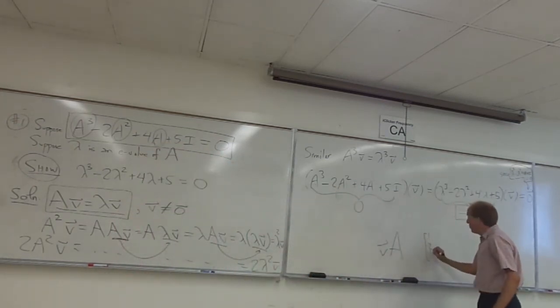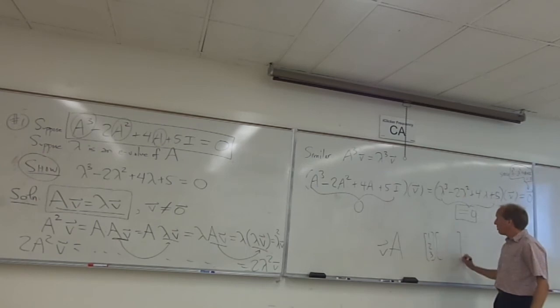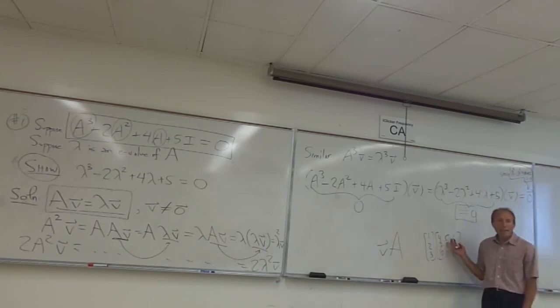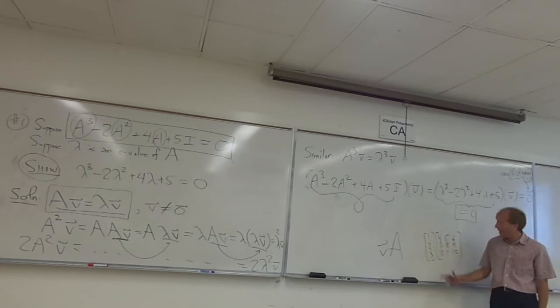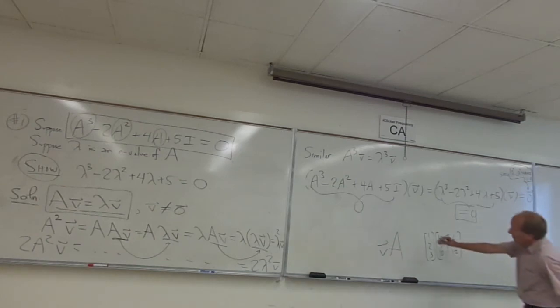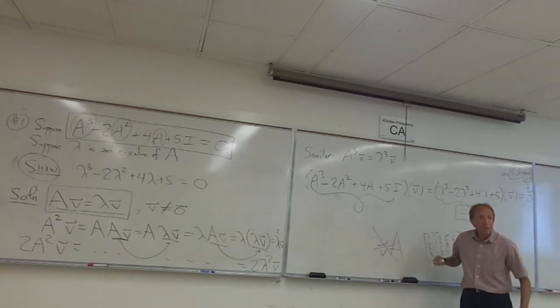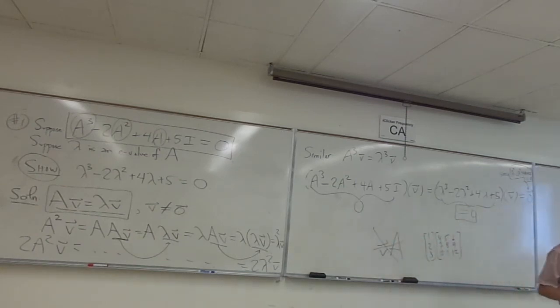If I gave you that vector and asked you to multiply it by this matrix, you should be asking me, what side of the bed did you get up on? Because this doesn't make any sense. I can't take a 3 by 1 and multiply it by 3 by 3. So please don't be sloppy with this stuff. Just write things in the proper order. Vectors should be to the right of scalars and to the right of matrices.